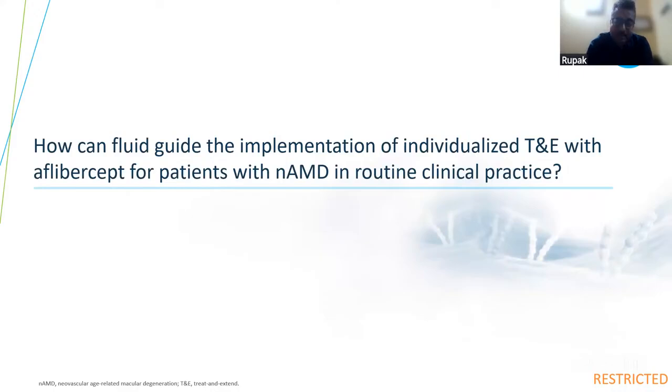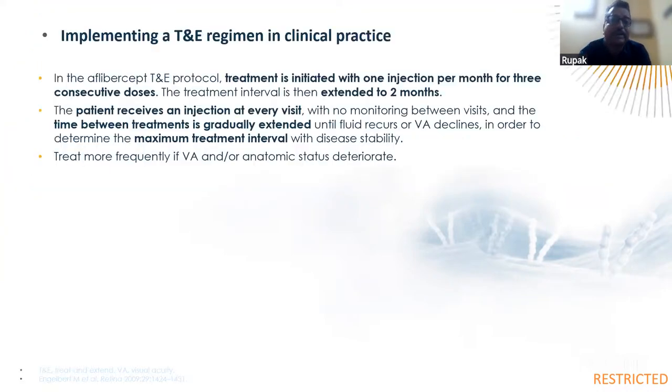So how can fluid guide the implementation of individualized treat-and-extend with aflibercept for patients with nAMD in routine clinical practice? In this aflibercept treat-and-extend protocol, treatment is usually initiated with one injection a month for 3 months. Then the interval is extended by 2 weeks.